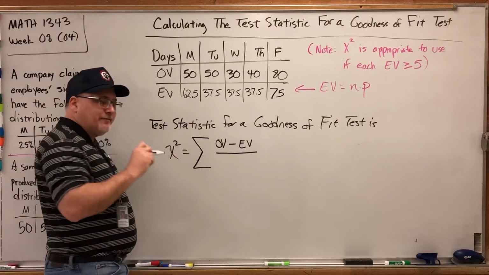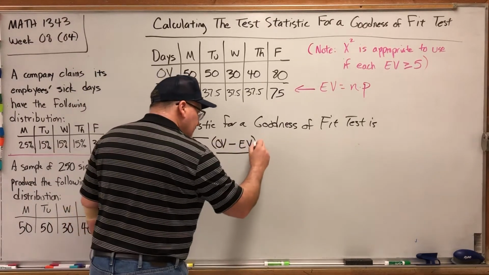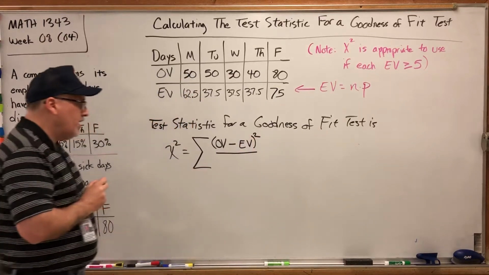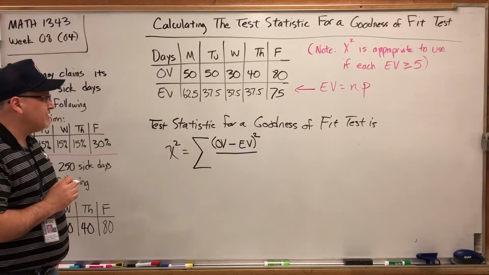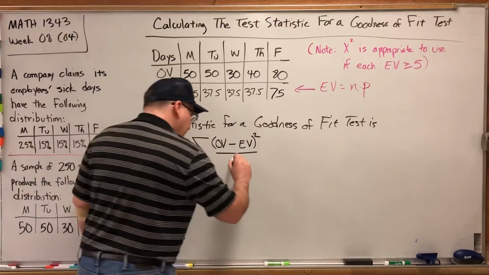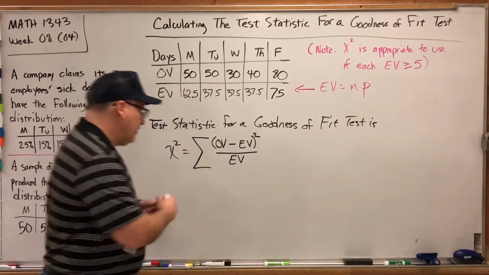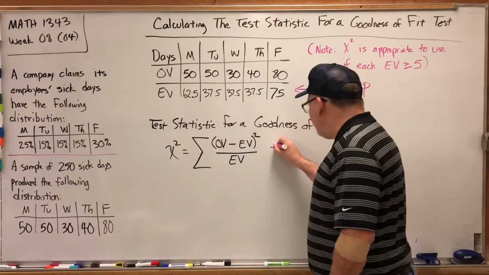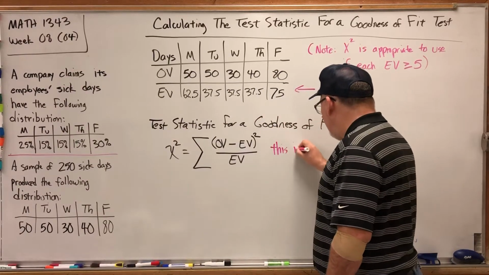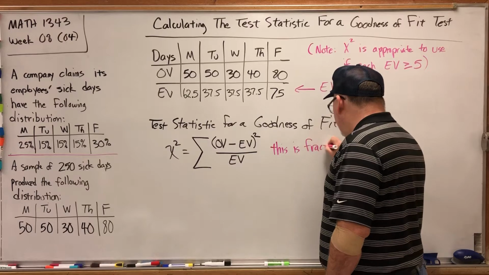But that difference gets squared. Then that gets compared to the expected value. This fraction is calculated for each category.